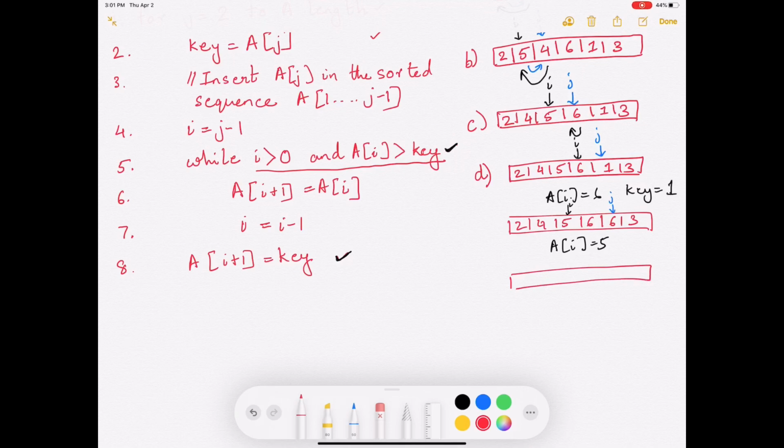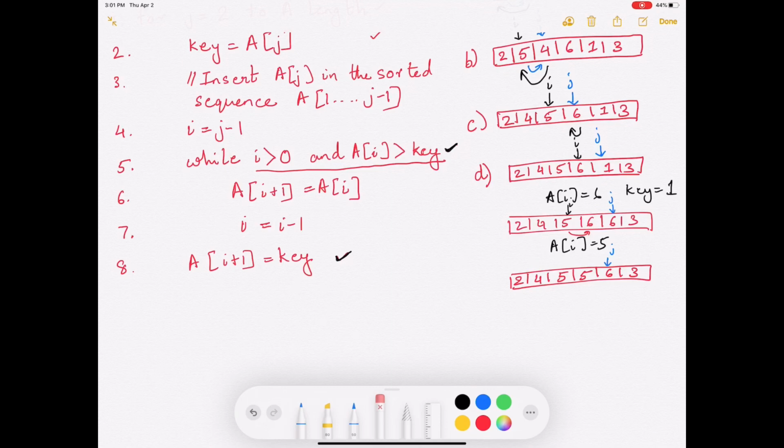You will have 2, 4, 5, and another 5 here, because A[i] is going to get copied over to A[i+1]. Okay, 6, 3. That's how it will look, because this gets copied over here. This copying is happening right there. So j remains here. Now i comes here.